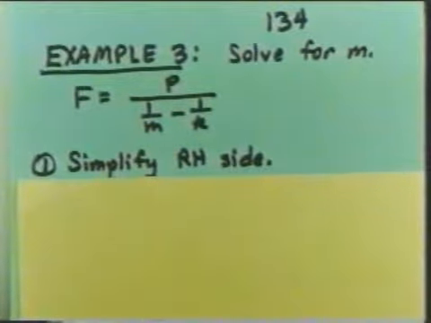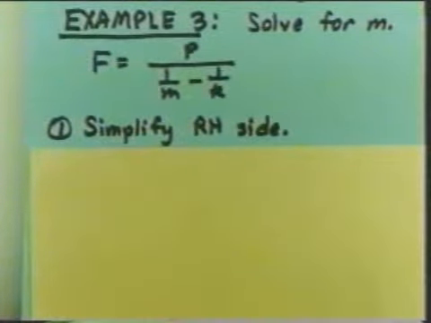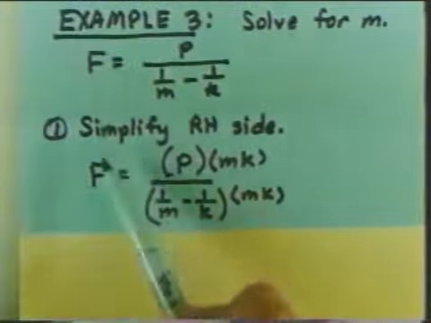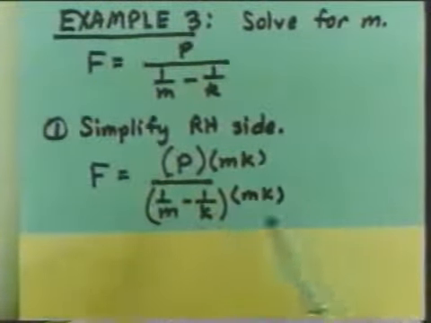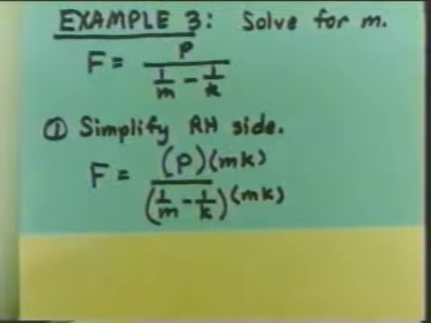Our first step in this complex fraction problem is to simplify the right-hand side. We'll multiply both numerator and denominator by mk. The left-hand side, you notice, is not being altered because we're simplifying only the right-hand side. So on the left-hand side, the f remains unchanged. The right-hand side, we're simply multiplying each part of the fraction by mk.